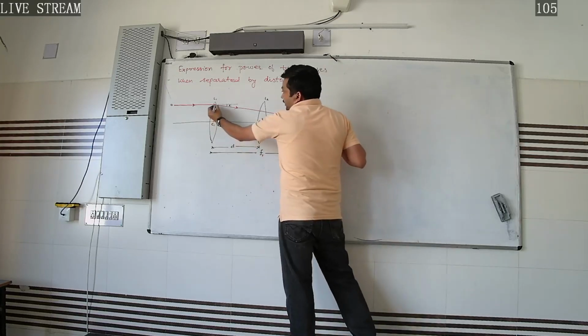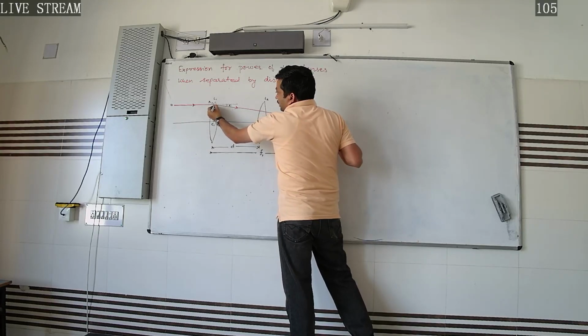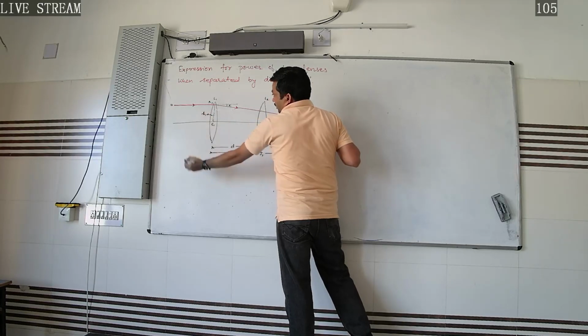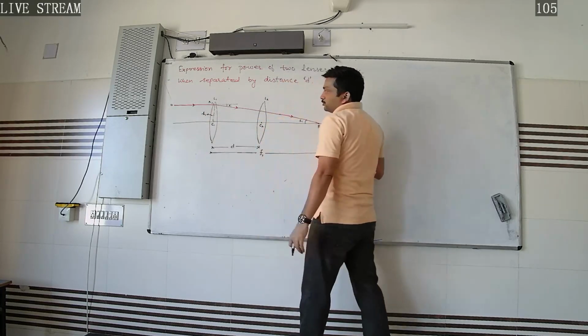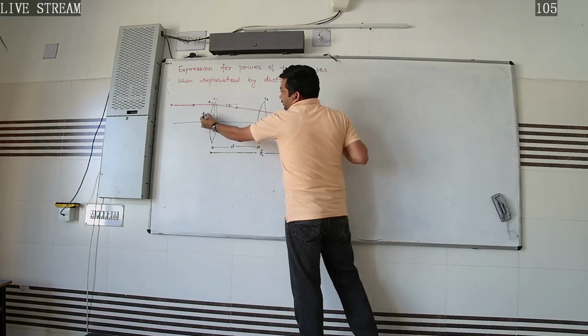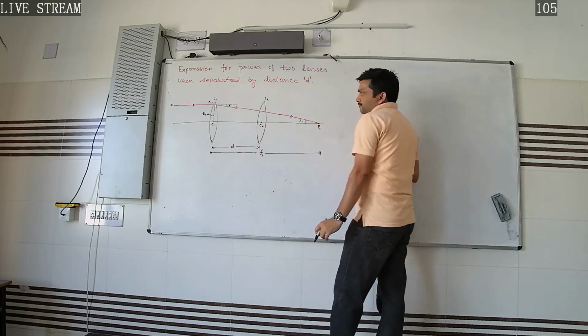Further, let us consider the ray of light is made incident on the lens L1 at point A at a distance H1 from C1, such that AC1 is equal to H1, the distance of this ray of light from the optical center.